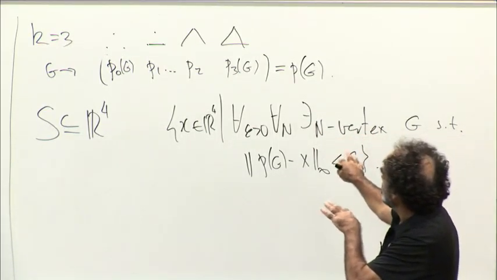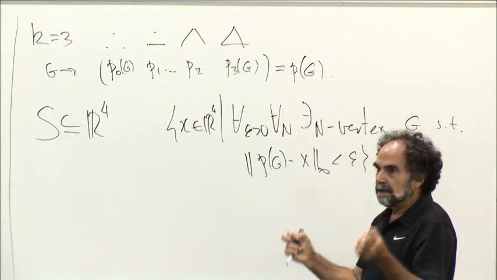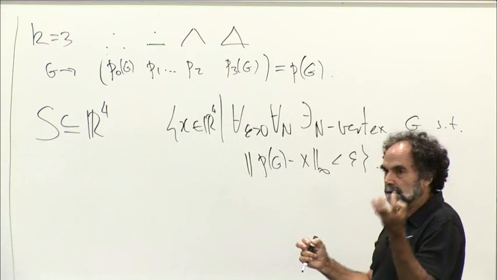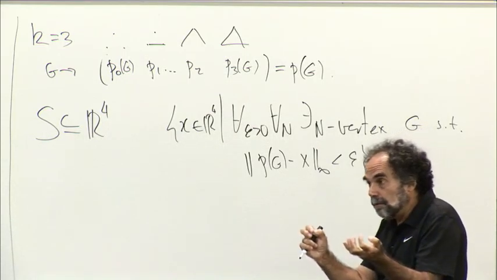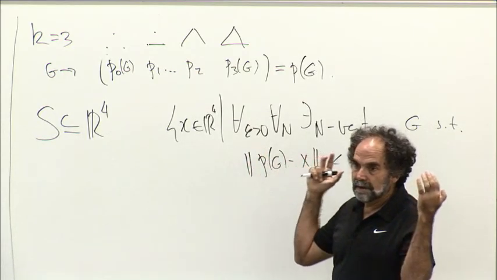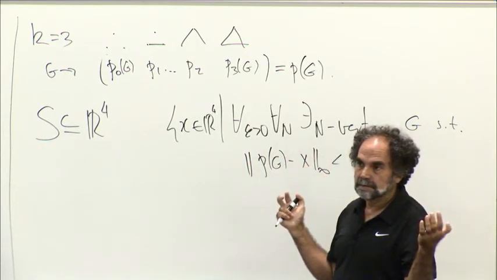Don't let this confuse you. Basically, which 4-tuples am I interested in? Those which are realizable, or almost realizable, I'm allowing an epsilon error, by arbitrarily large graphs.